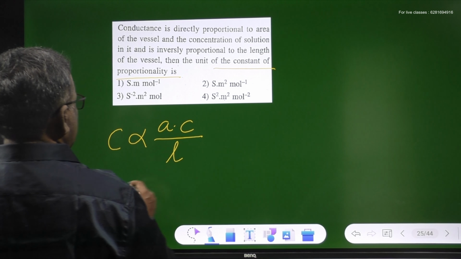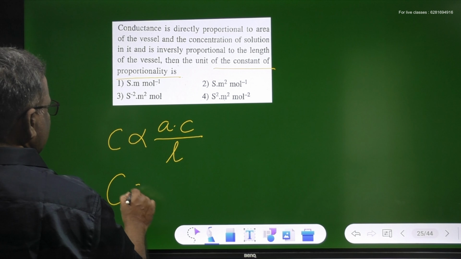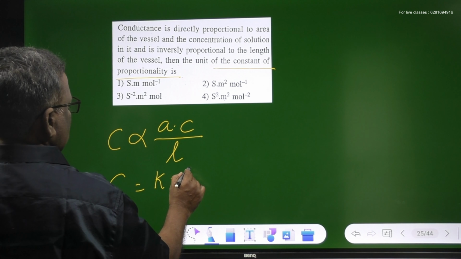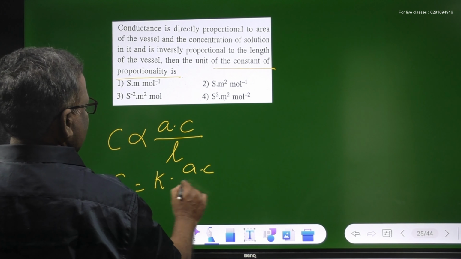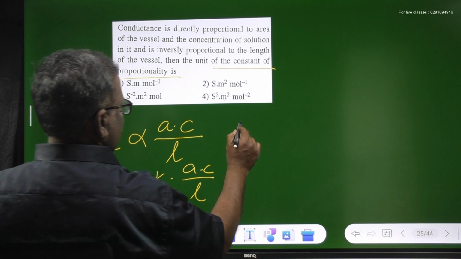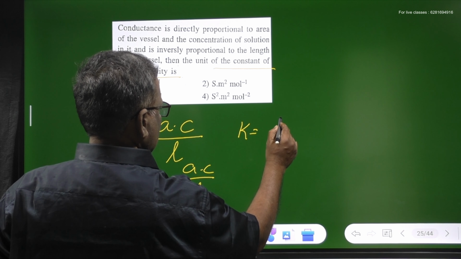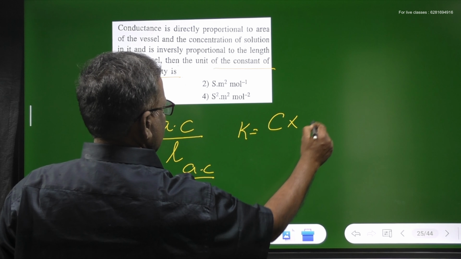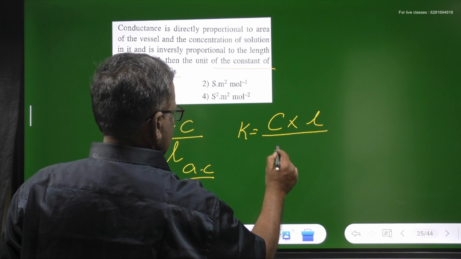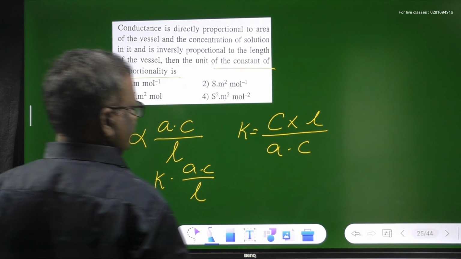Then the proportionality constant K is given by C equals K into A into C by L, or K is equal to C into L by A into C.